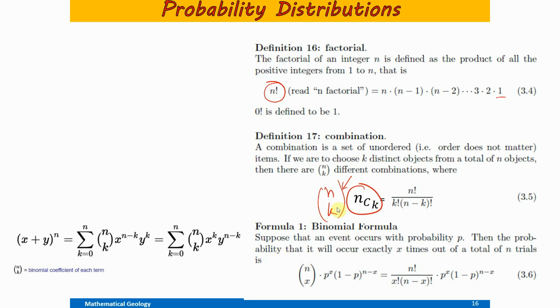Here they have used this format. nCk means n factorial by k factorial into n minus k factorial. Do you remember this? Otherwise write it down now.